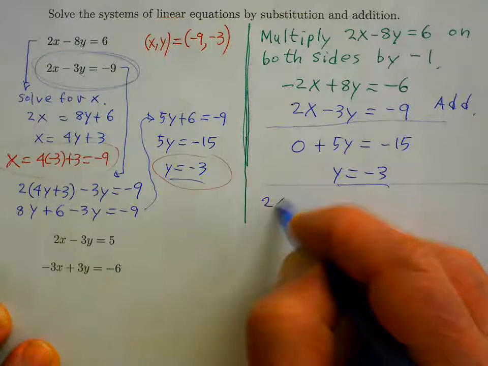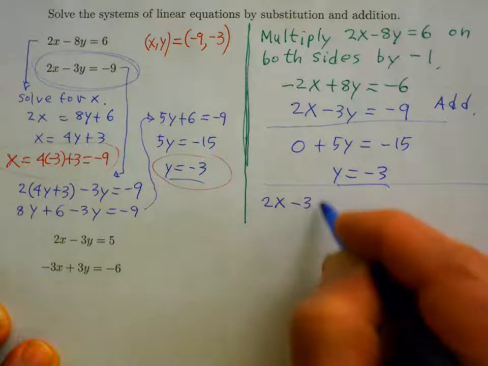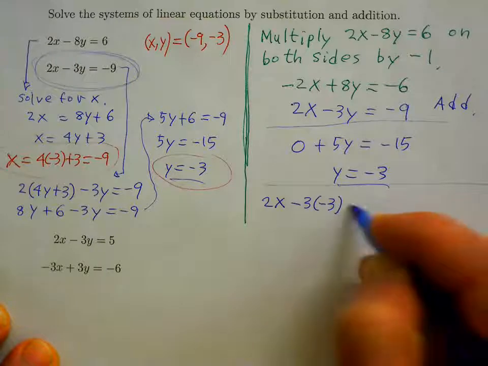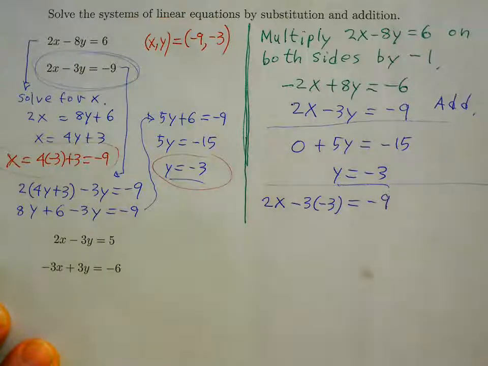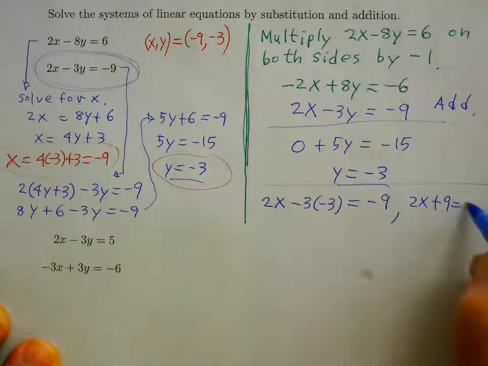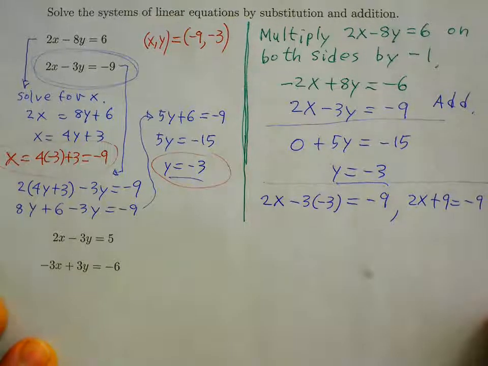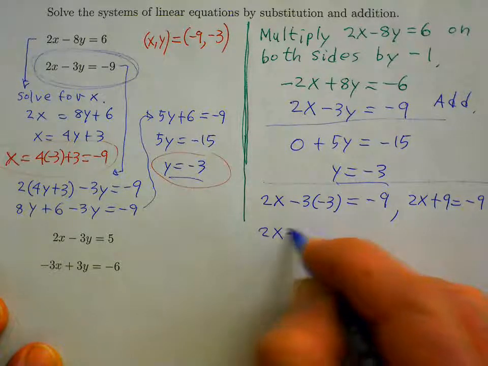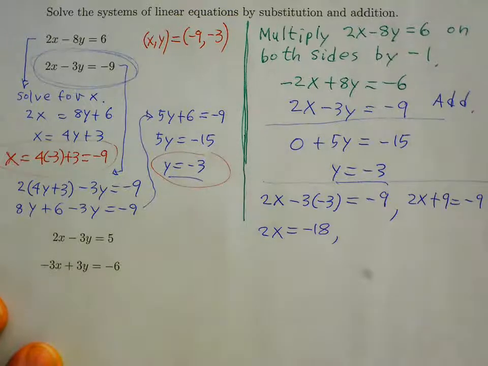So we get 2x minus 3 times -3 equals -9. This is 2x plus 9 equals -9. And subtract 9 from both sides, we get 2x equals -18. And then divide both sides by 2, we get x equals -9.